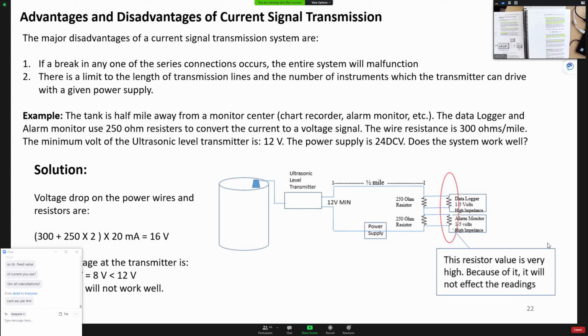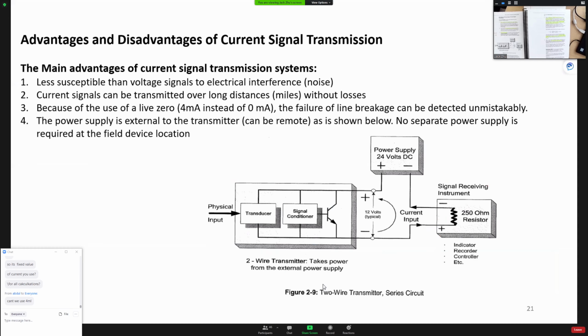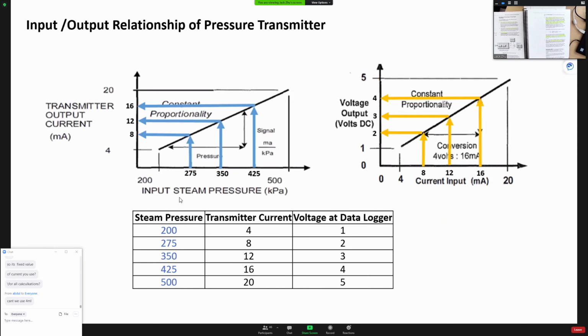Oh no, the calculation we have, 4 milliamp is the minimum current. If we use 4 milliamp here, it will work. But if we go back to here, we consider this as the level of liquid in there. When the liquid level is at the minimum, you want to give 4 milliamps.